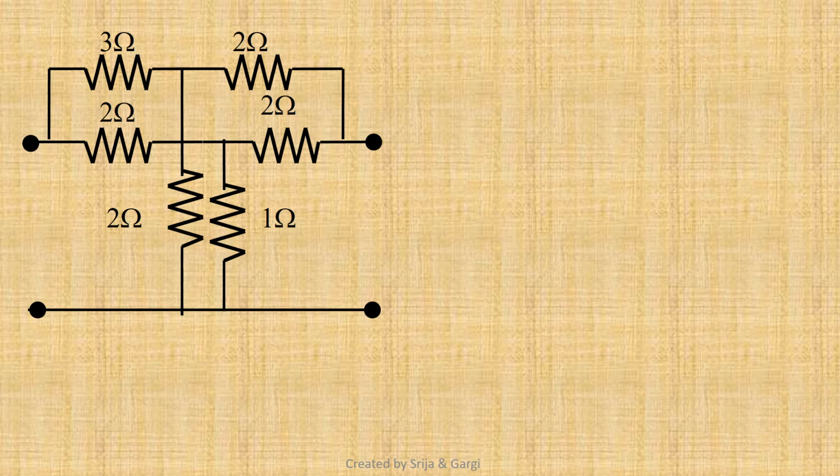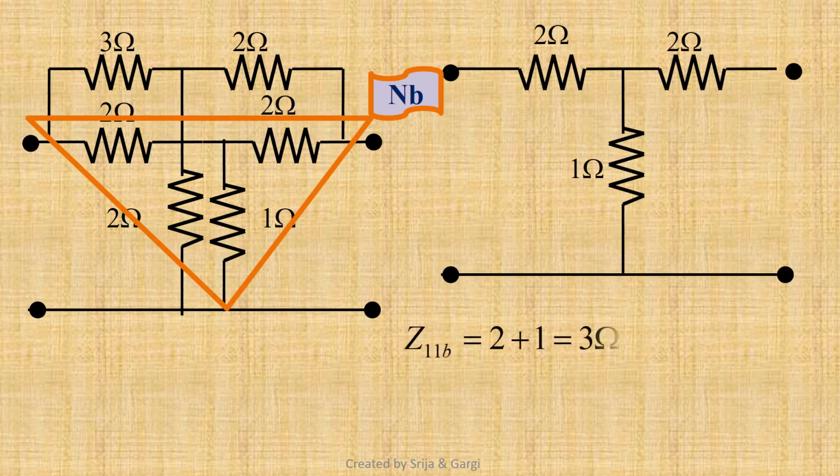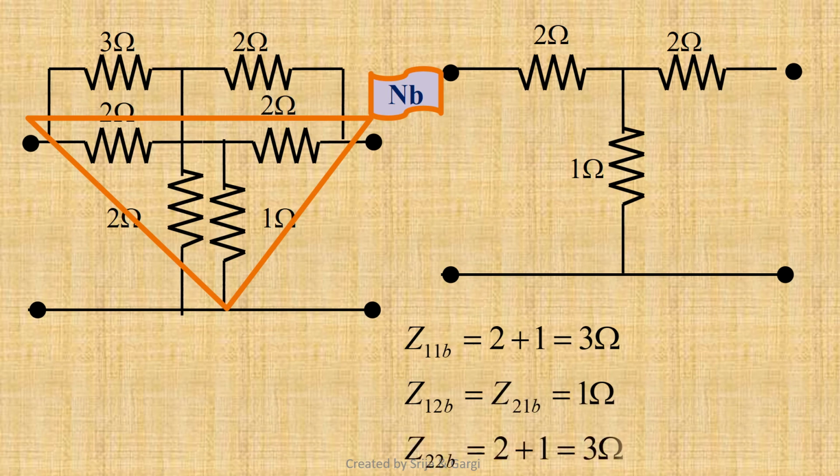Now, if we take out the network B, we can write Z11B equals 2 plus 1 equals 3 ohm, Z12B equals Z21B equals 1 ohm, Z22B equals 2 plus 1 equals 3 ohm. Therefore, we get matrix of ZB equals matrix of 3, 1, 1, 3.